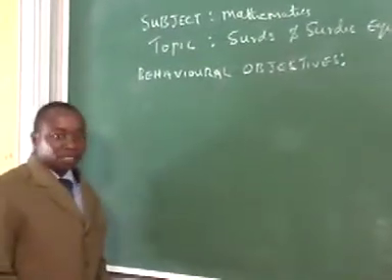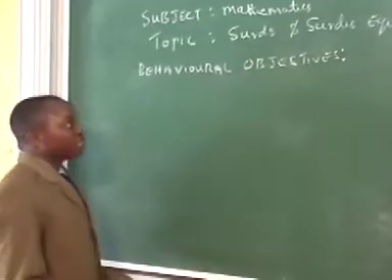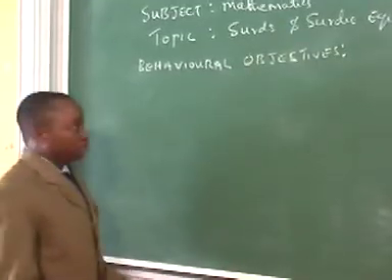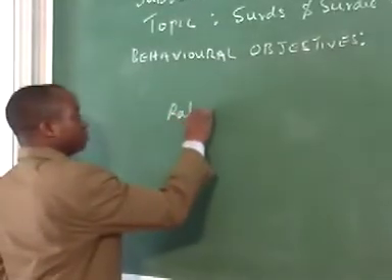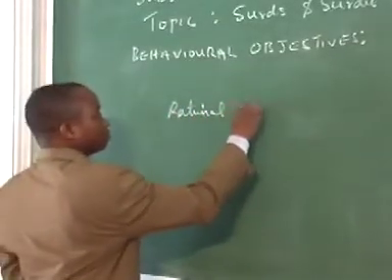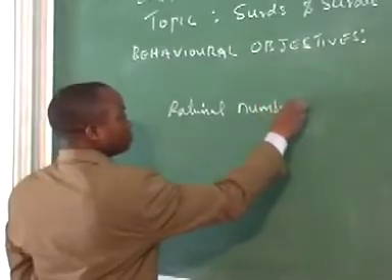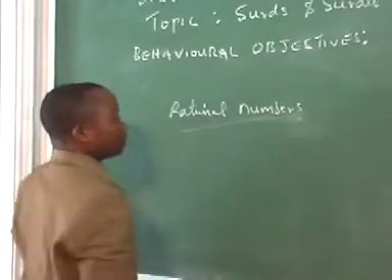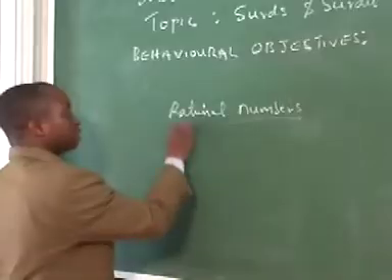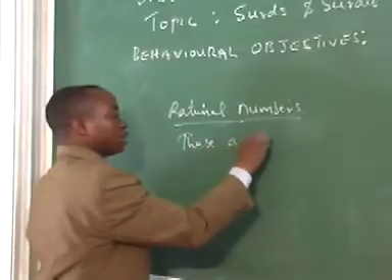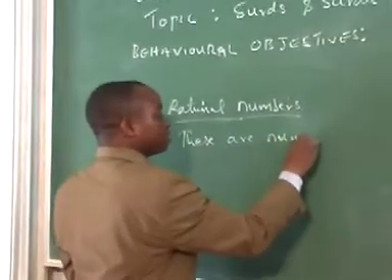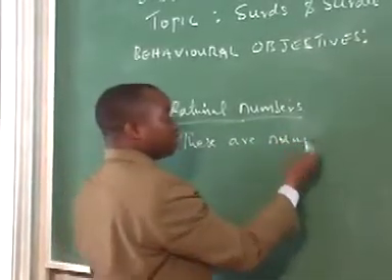Before we start about Surd, I'd like to take us back to what we call rational and irrational numbers. This will help us to understand what Surd is. Rational numbers.